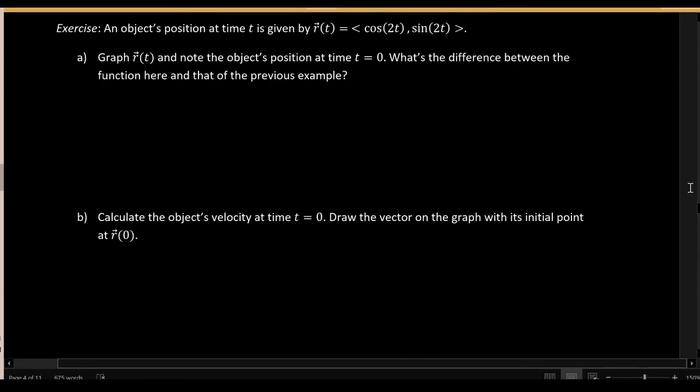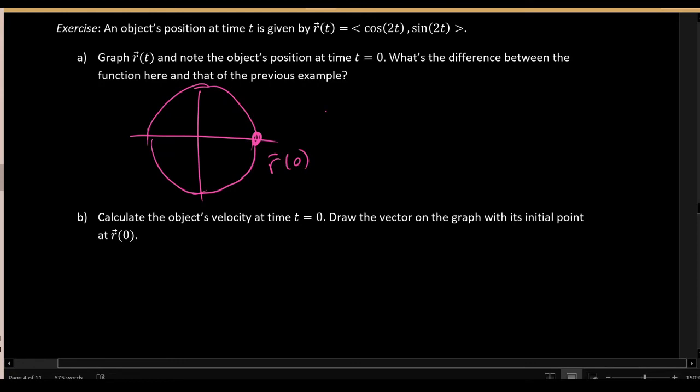Now we can very quickly go through a similar example where this time we have a scalar on the t, on the input of cosine and sine. Now when we graph this movement, we're still going in a circle of radius 1 counterclockwise. And the initial position is still here at time t equals 0 on the right side of the unit circle.